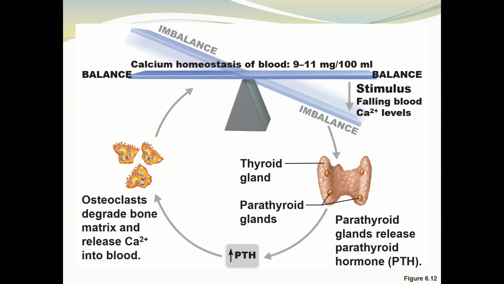And as the calcium levels drop below that 9 milligrams, the parathyroid hormone will release from the parathyroid glands, and it will cause the parathyroid hormone to increase in the blood, stimulating the osteoclast to degrade the bone matrix and release calcium into the blood, raising it back to its set point.